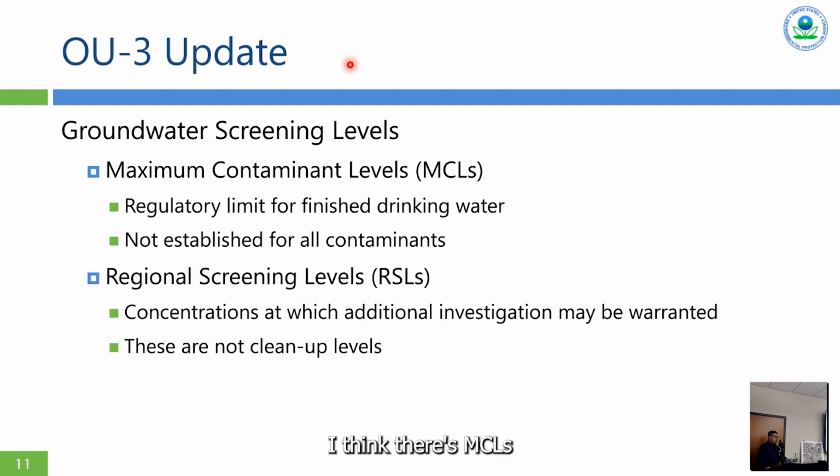I think there's MCLs for something like 90 different contaminants, but not all contaminants have MCLs. And for those that don't, there are regional screening levels. And those represent concentrations at which additional investigation may be warranted. So our RSLs are not cleanup levels.